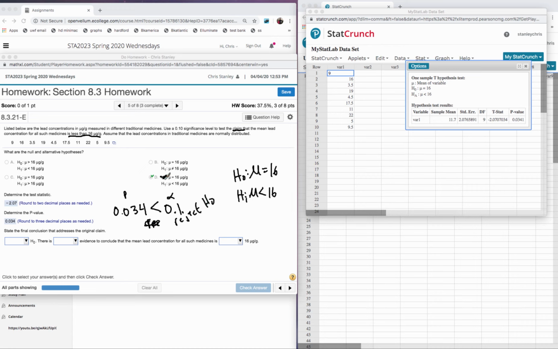So we're rejecting this. So if I reject that, that must mean that I believe this. So I'm going to reject the null. So that must mean there is sufficient evidence that the women's lead is less than 16. See, I believe this. That's why there's sufficient evidence to believe that it's less than 16.